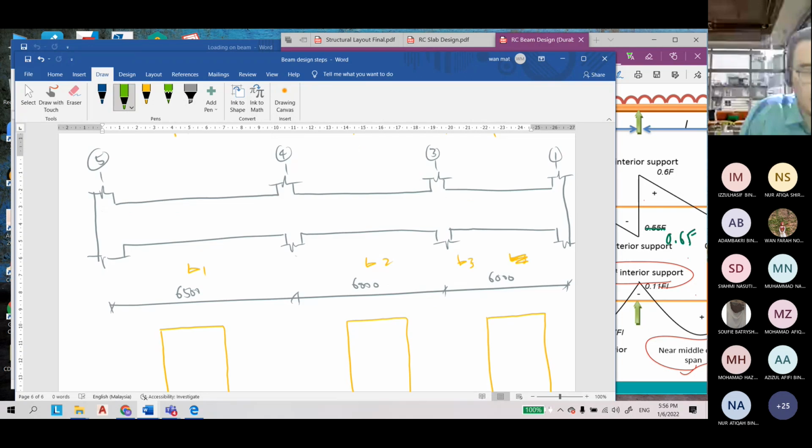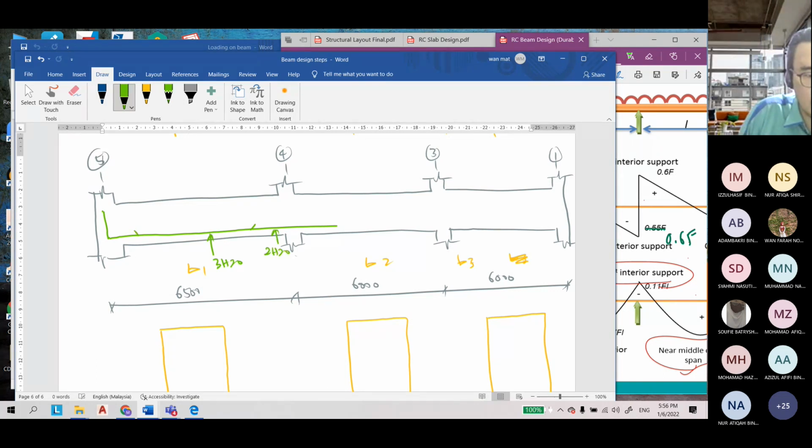So here is your position, up to here. Let's say it will stop here, 3. Let's say this is 3H20, and then this is 2H20.